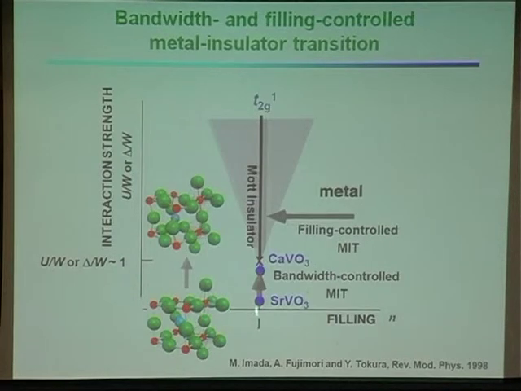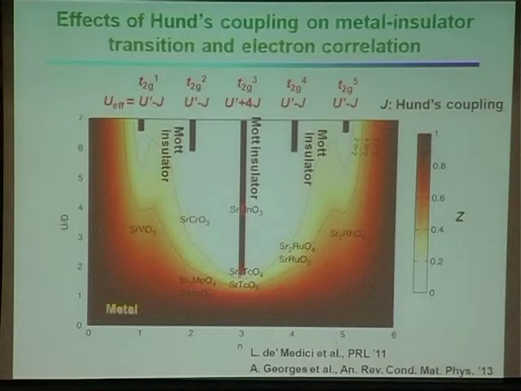I have talked about the d1 system, which is strontium vanadate and calcium vanadate, but the d level is degenerate, and especially in the early transition metal oxides, the t2g level is triply degenerate, so six-fold degenerate including spin degeneracy.